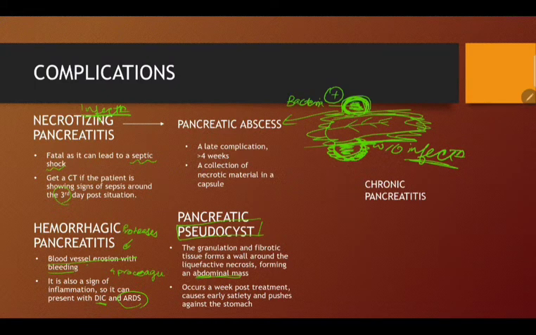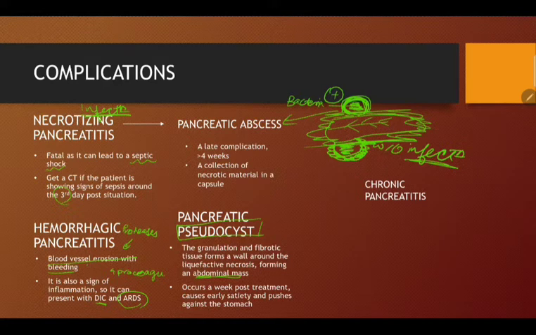So in the worst case scenario, it reaches the lungs, the capillaries, or the blood vessels, get increasingly permeable, the fluid will go from the intravascular space into the interstitium of the lungs and into the lungs themselves, and that will lead to acute respiratory distress syndrome, which is an emergency, and therefore it's life-threatening. So we need to be careful about that.